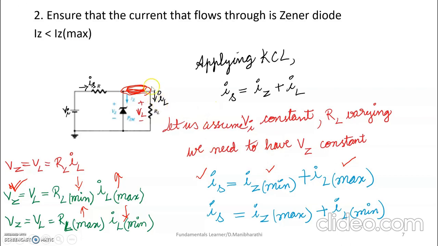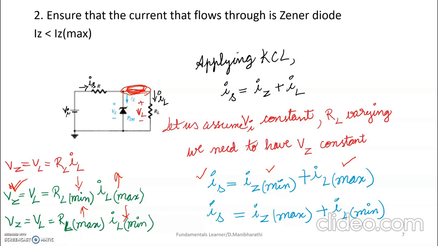Okay. So if you observe, the current flowing through this branch is maximum, means the current flowing through this branch, that is the Zener diode, should be minimum. Similarly, the current flowing through the load should be minimum, means the current flowing through the Zener diode should be maximum. Okay. Right.